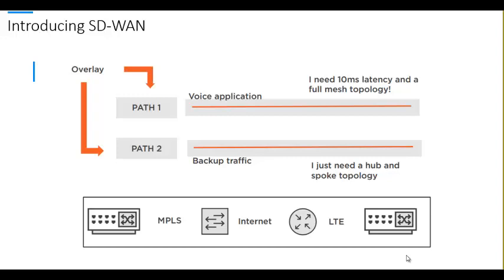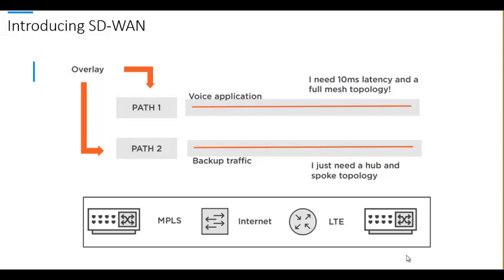What does that mean? For example, here if you see path 1, voice application, I need 10 millisecond latency and a full mesh topology. Path 2, backup traffic, I just need a hub and spoke topology.